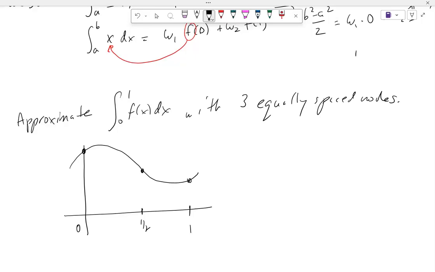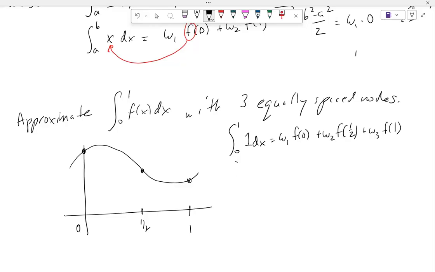We want the integral from 0 to 1 of 1 dx to equal weight 1 times the function value evaluated at the left node, weight 2, f of 1/2, weight 3, f of 1. What's the next equation we need to set up?